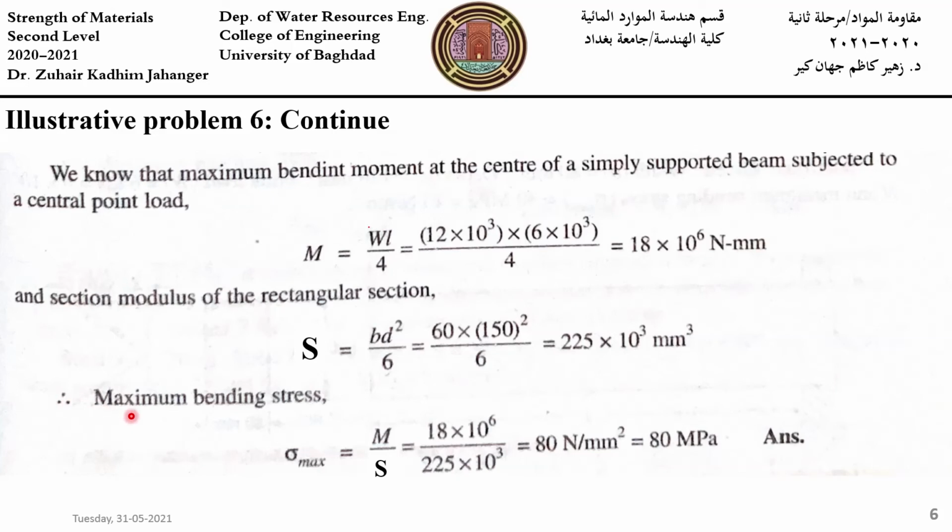And so the maximum bending stress sigma max equals M over S and equals 18 times 10 to the power 6 over 225 times 10 to the power 3.